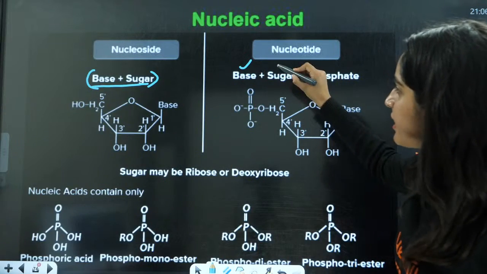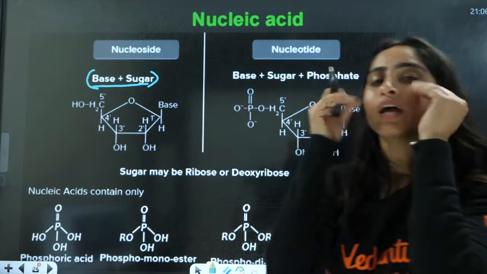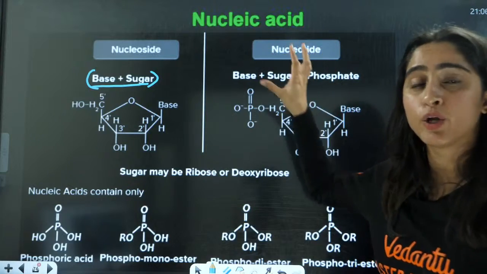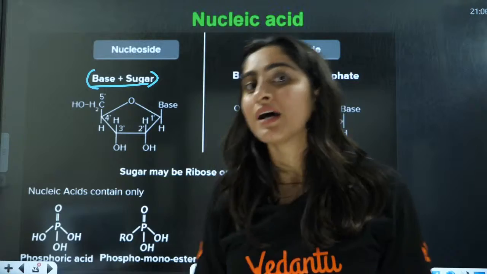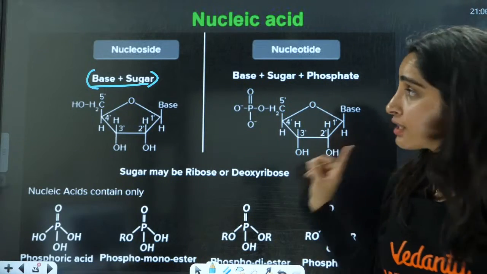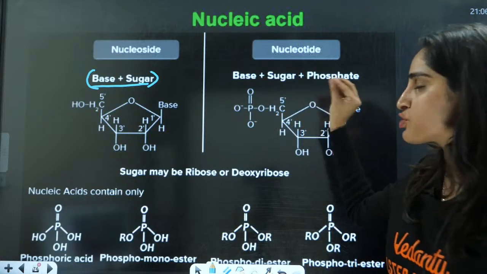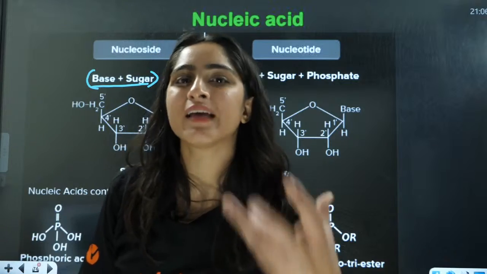One is base, then there is sugar, then there is phosphate. If you are not talking about the phosphate group here, you're talking about the nucleoside. If you are talking about the phosphate linkage also, that will be nucleotide. That is the difference here. Here you have base plus sugar, here you have base plus sugar plus phosphate. Right? Okay, this is just in terms of what we are thinking about.